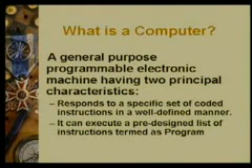Number two, it can execute a pre-designed list of instructions termed as a program. Both the objectives point to one particular fact: given a predetermined set of instructions, a computer has to produce predetermined outcomes.